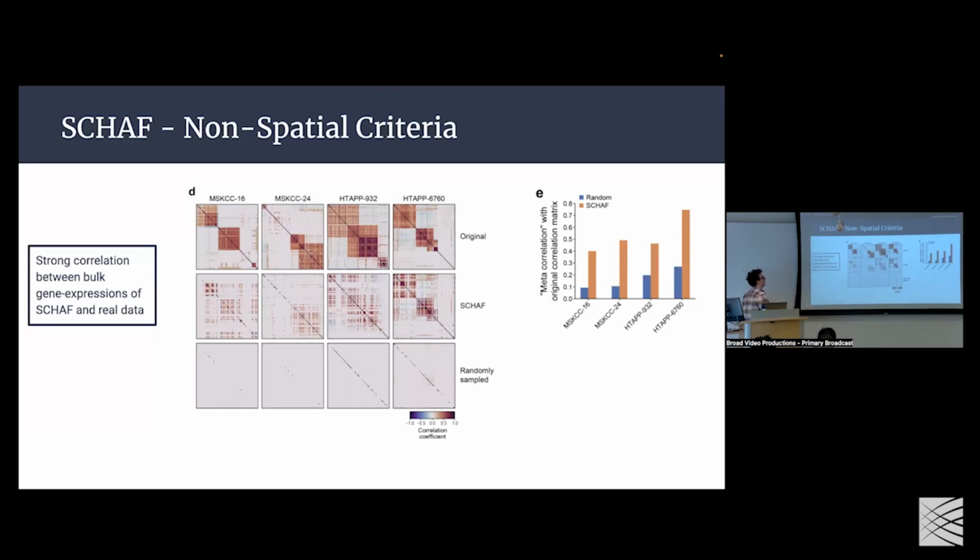Then we can also do the same thing with the SHAF generated data. See what the different correlations look like. This plot represents 100 very highly variable genes. And you can see that SHAF doesn't quite match it, but it resembles it far better than the baseline. Pretty much, the baseline is nothing. But it approaches it, which is very encouraging because it's a harder criterion.